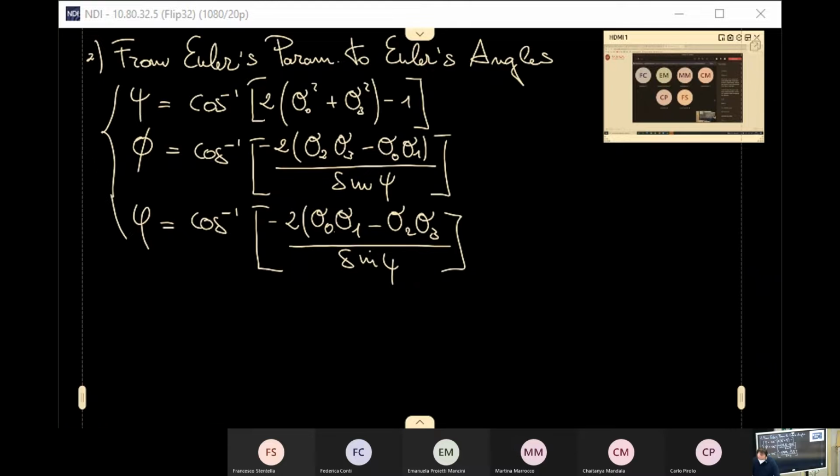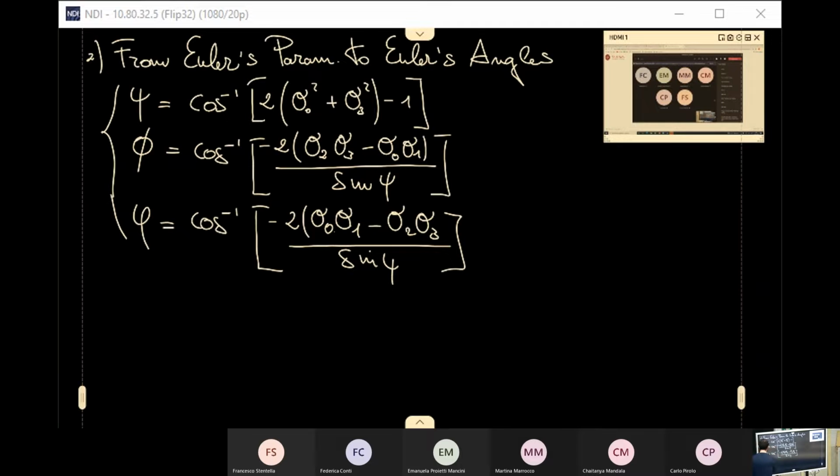Okay, now, all of this was quite tedious, but we now come to the problem that I was hinting at the beginning of the lesson, which is the gimbal lock problem, okay?